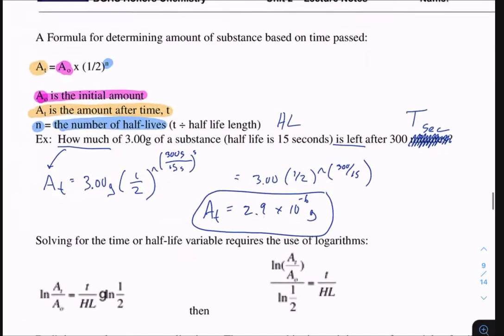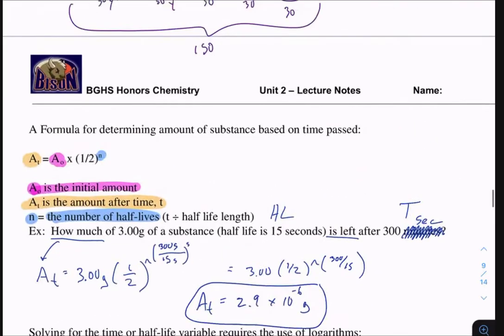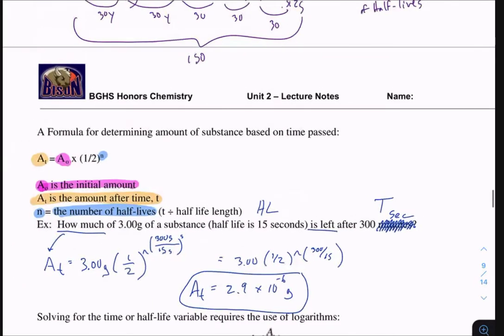All right. Before I talk about the next equation, I just want to talk about a little bit of algebra here. So this equation right here, you remember when I said to you that however many variables there are, that's how many versions of an equation there are? Okay, so let me just rewrite this a little bit. A sub t is equal to A sub naught times 1/2 raised to the time over half-life.